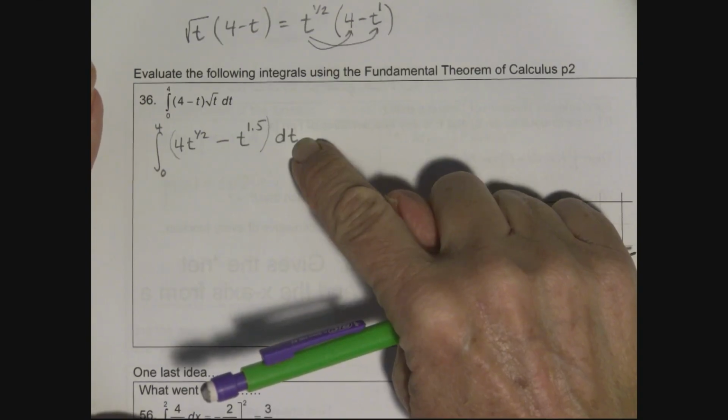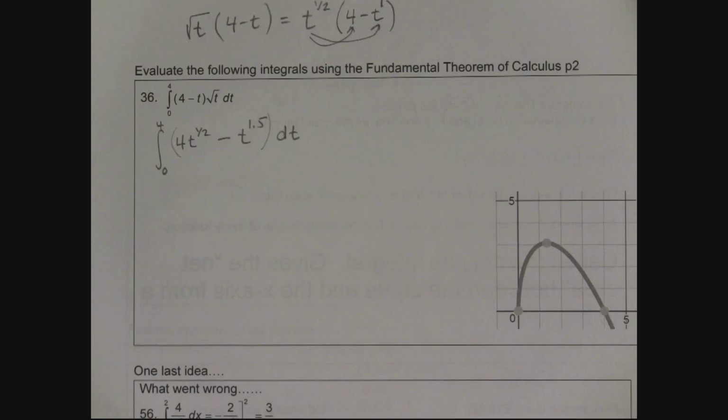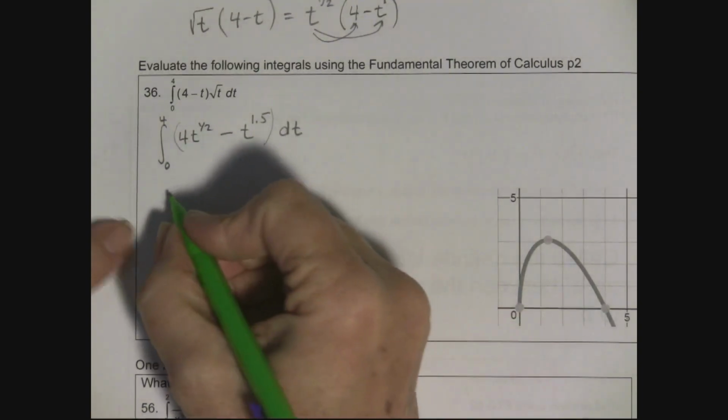And that really becomes important in Calc 3, because there you take the antiderivative with respect to a variable that's not there. Now you might be saying, oh, we didn't do that with our derivatives, but yeah, we did. It was called implicit differentiation, and they're going to do that later, but they don't do it here, thank goodness.